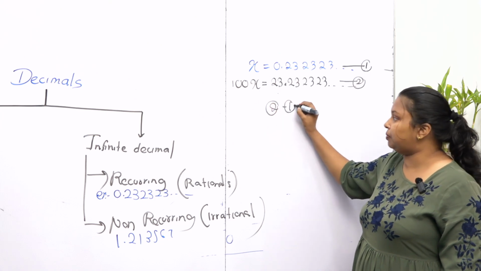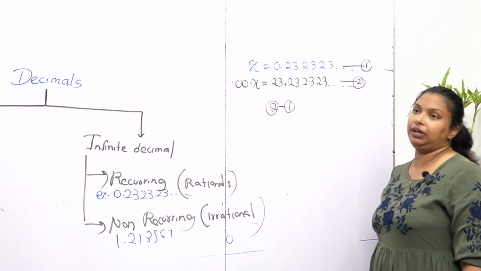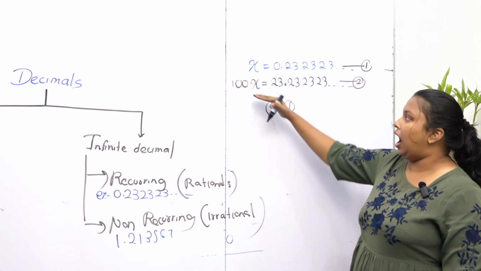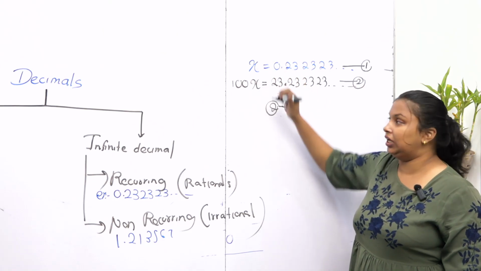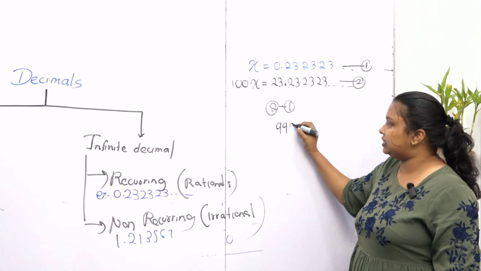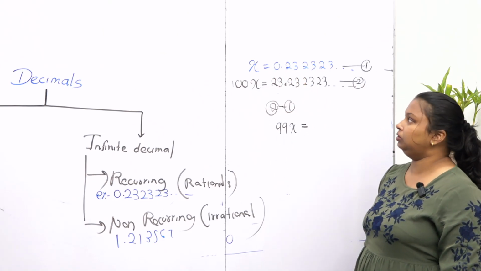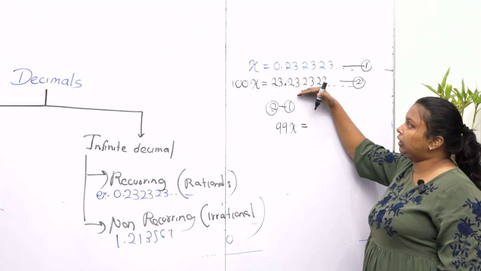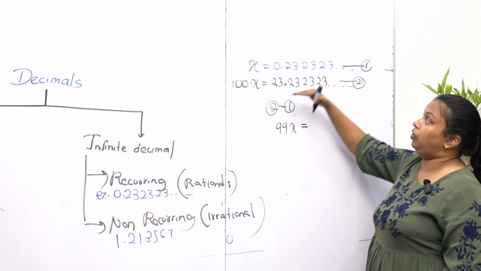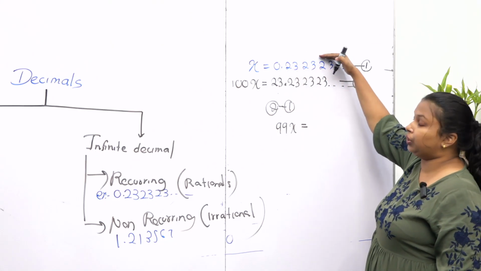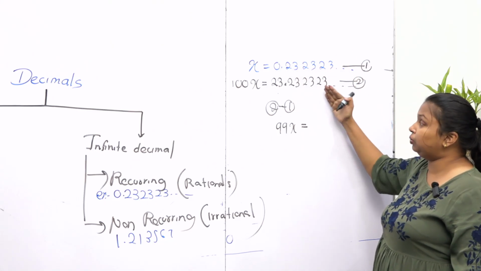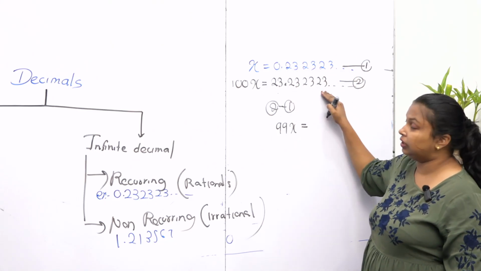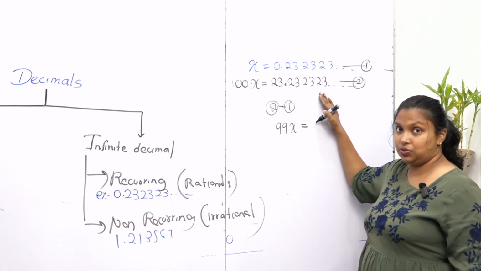Then what happens when we subtract? Yes, 100x minus x means what? 99x is equal to, what happens when you subtract these two? 23.23232323 again. When you subtract 0.232323, the repeating parts after the decimal point will become 0.